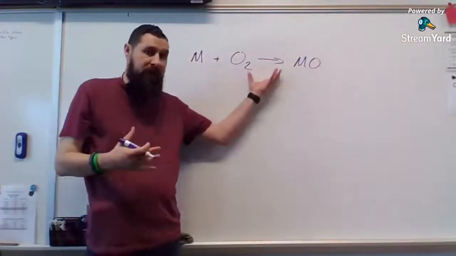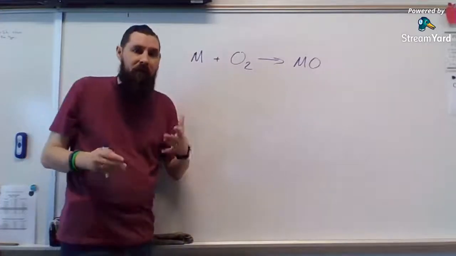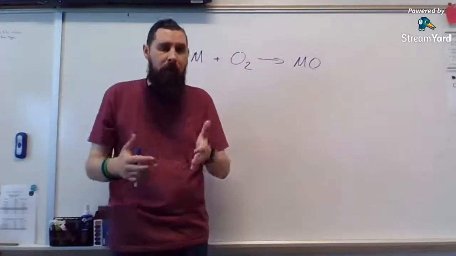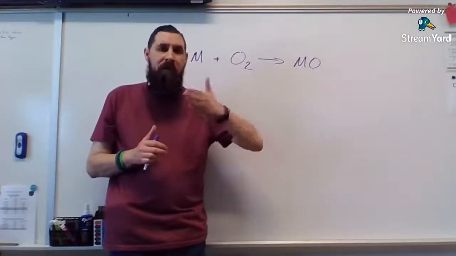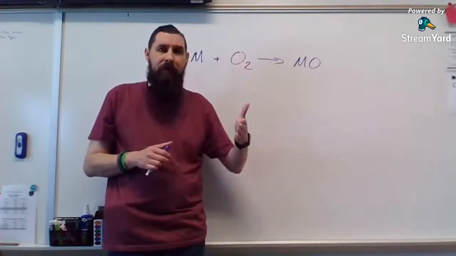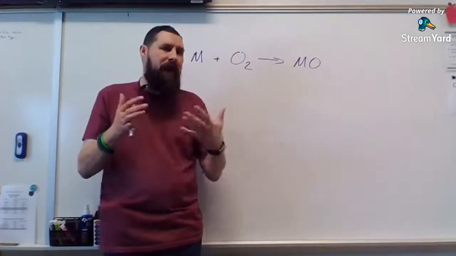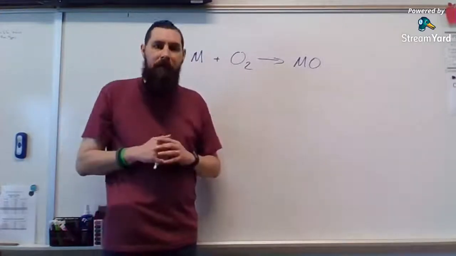A plus B yields AB, where that metal can have different charges. If we look at the periodic table, column 1, that's going to be a 1 positive. Column 2 is a 2 positive. If we skip on over to column 13, we've got a positive 3. Okay, so we can have multiple charges. So this again is just a generic type of general reaction.